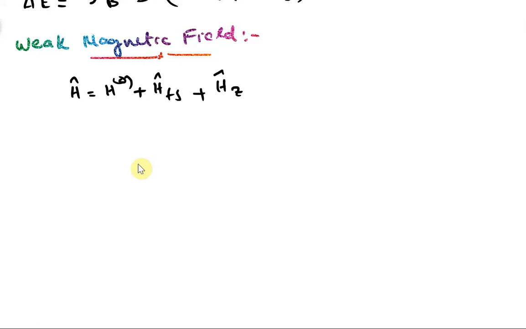We know there are two sorts of bases that we have. One is the uncoupled one, n, l, m_l, m_s, and another one is n, l, j, m_j. This is the coupled basis, and the other is the uncoupled one.